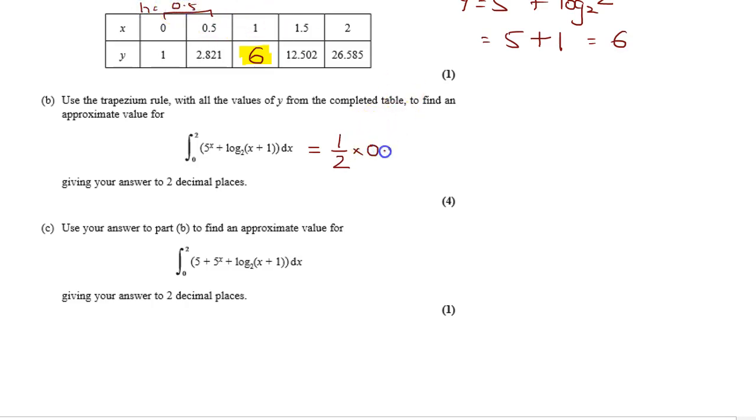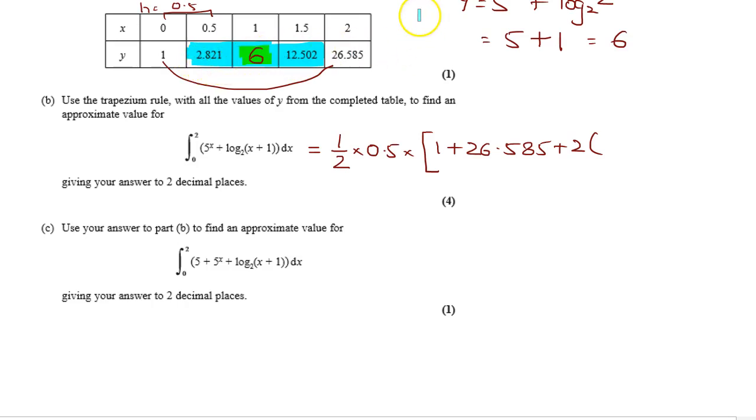Multiply by the extreme values 1 and 26.585, plus twice the sum of the middle values, not the extreme values.